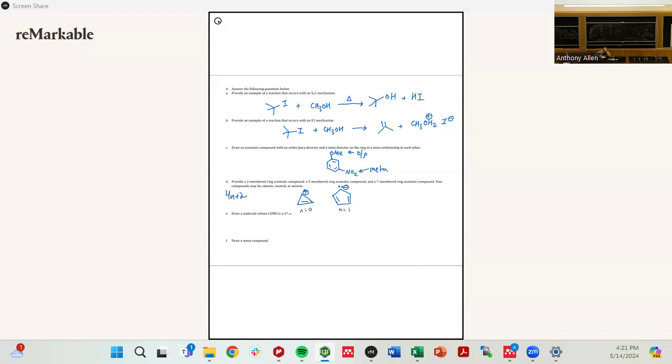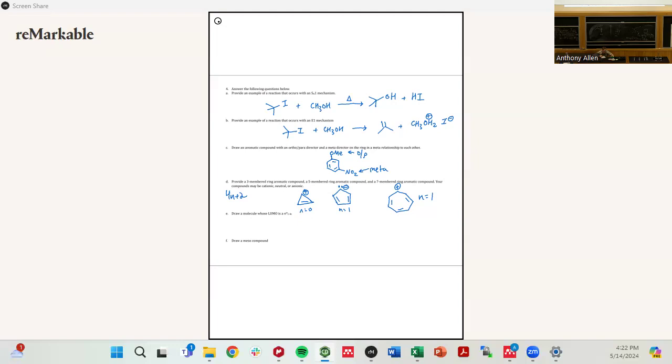N equals 1. That's 7-member. 7-member rings are the worst. Also n equals 1. All of them have sp2 hybridized carbons all around and have the correct number of lone pairs or pi bonds.